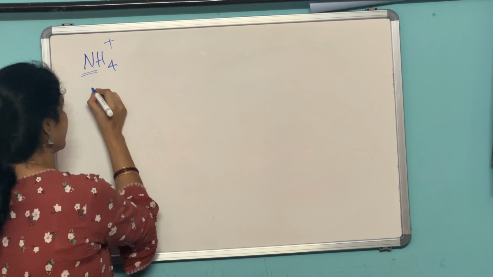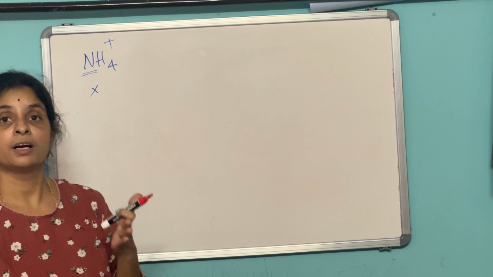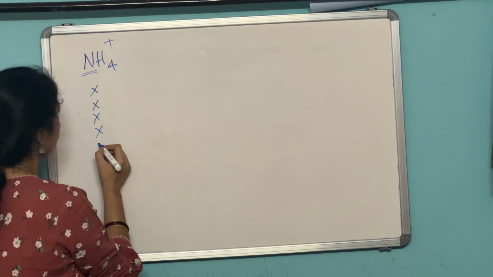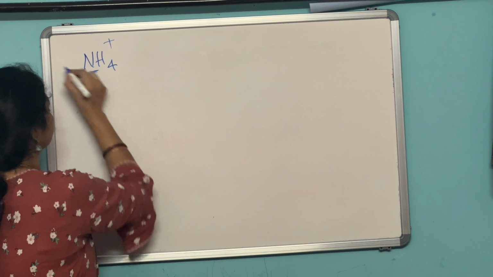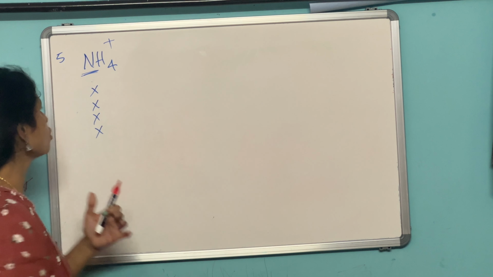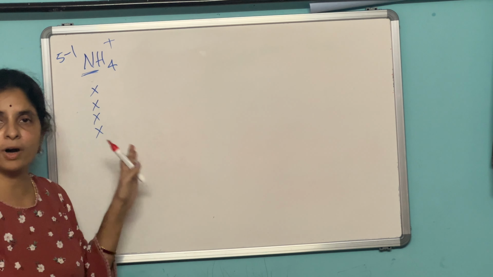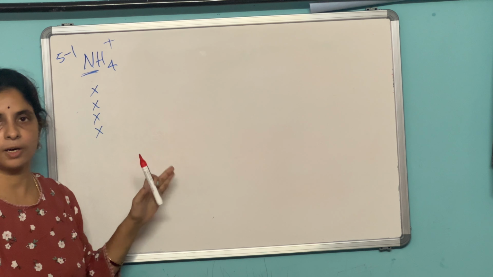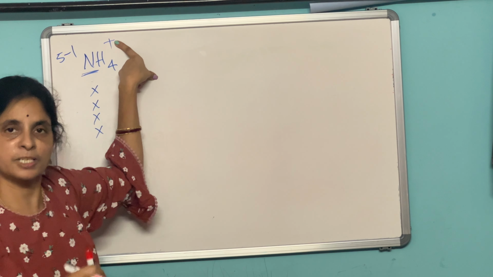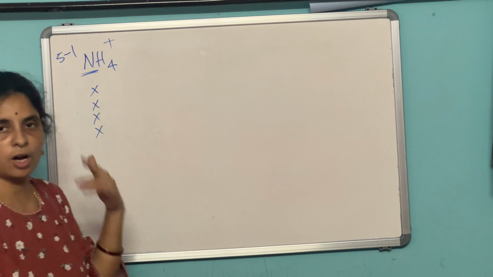Nitrogen belongs to the 5th group. Here plus indicates loss of 1 electron, so 5 minus 1, and only 4 cross marks you place. In chemistry, plus indicates deficiency, meaning loss of an electron.